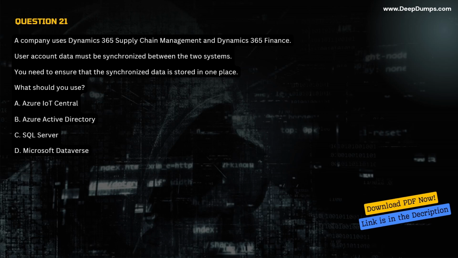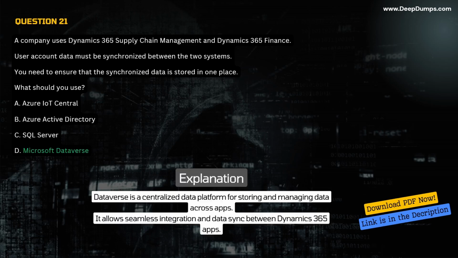B. Azure Active Directory. C. SQL Server. D. Microsoft Dataverse. Correct answer D. Microsoft Dataverse. Explanation. Dataverse is a centralized data platform for storing and managing data across apps. It allows seamless integration and data sync between Dynamics 365 apps.